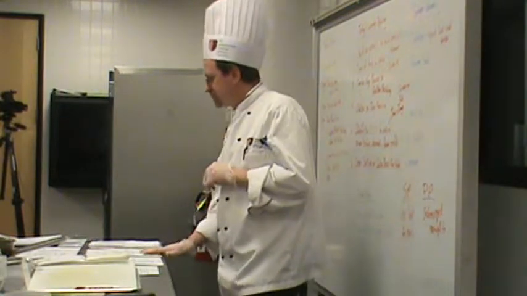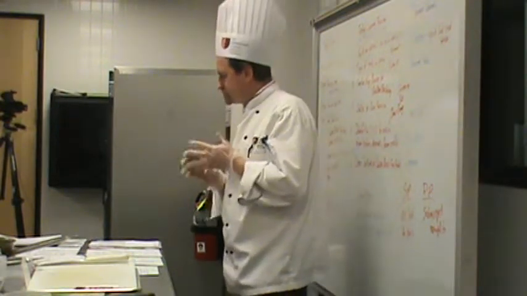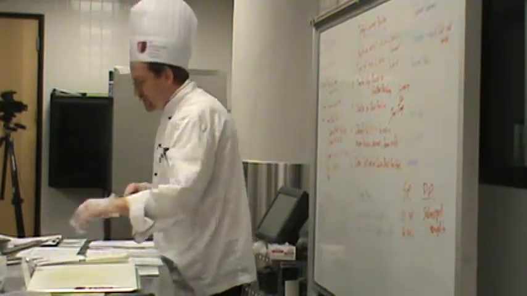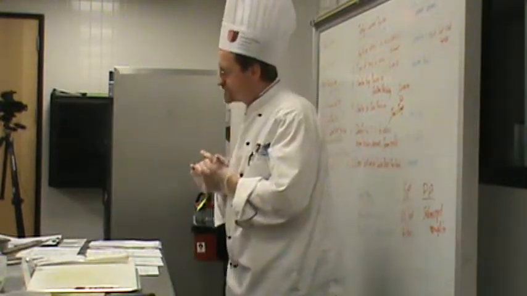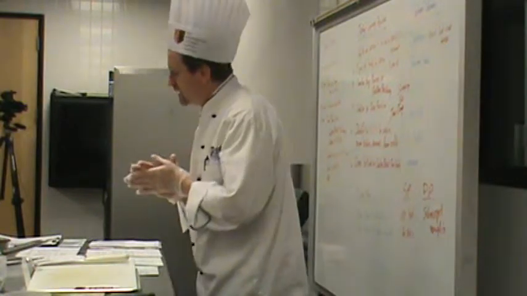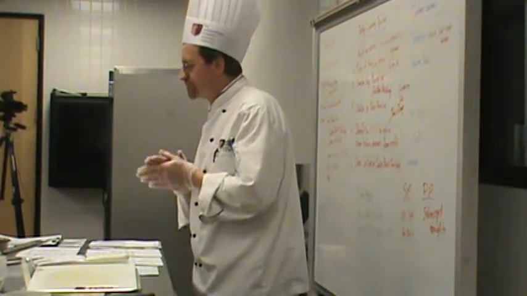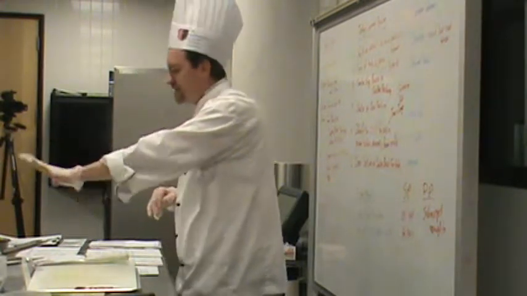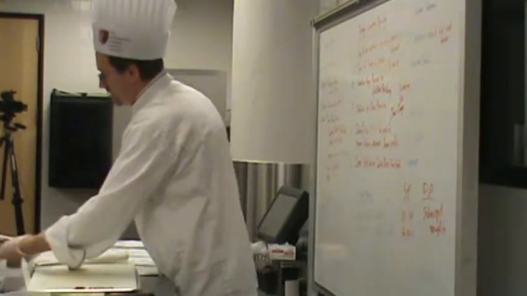In summary, we talked about why we poach, the types of foods we poach, the quality items. We talked about the 12-step process, picking the appropriate pan, the protein preparation, smearing the bottom of the pan with butter, adding our aromatics, adding our cold liquid halfway up.